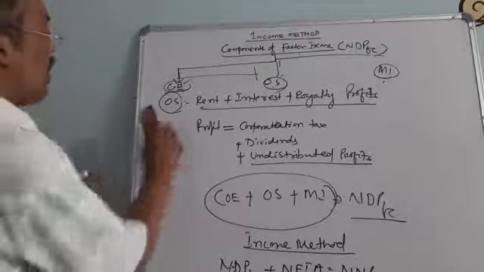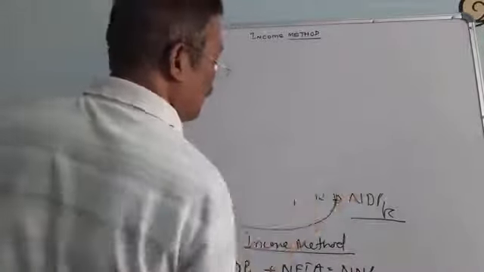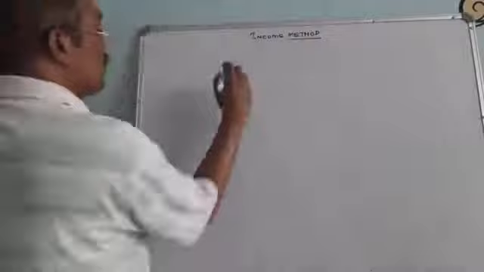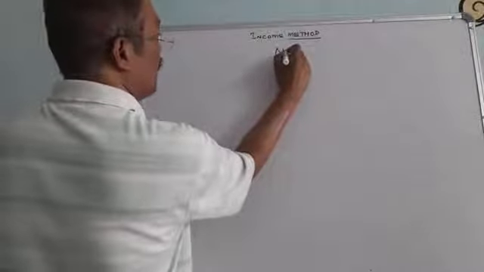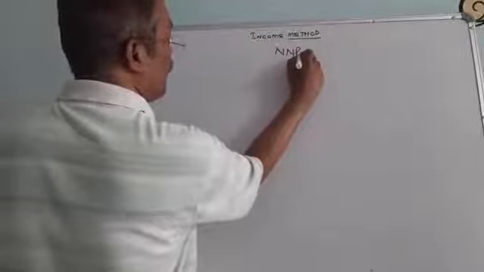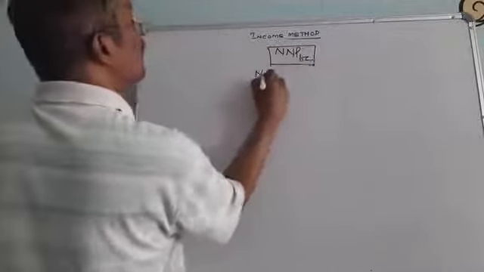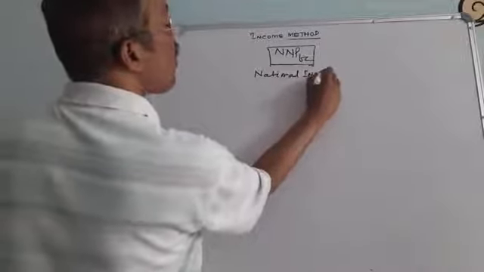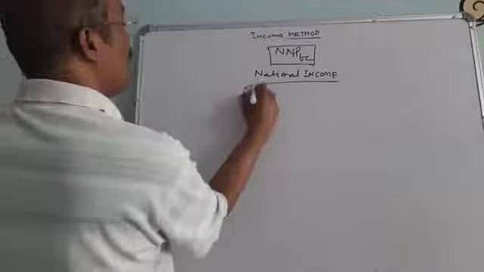Income method formula: NNP at factor cost, that is called national income by income method.